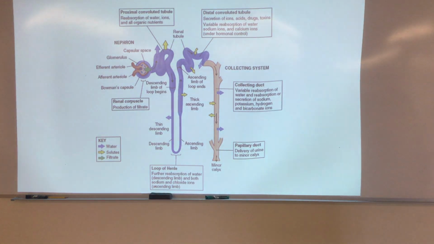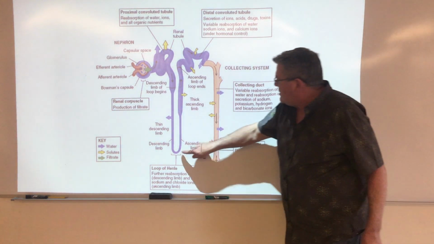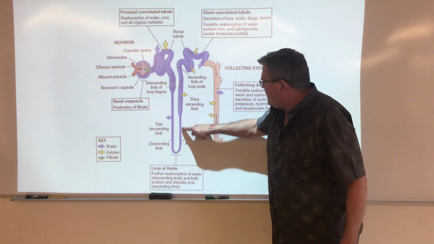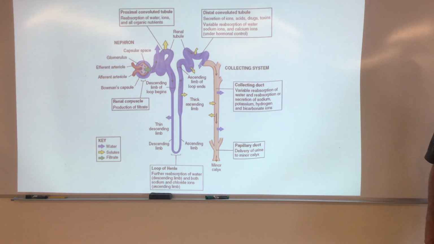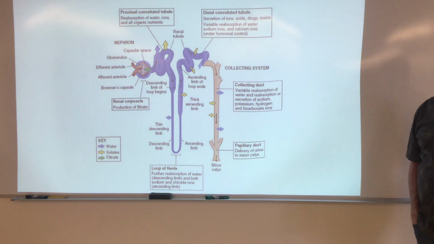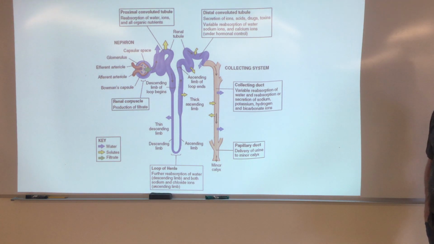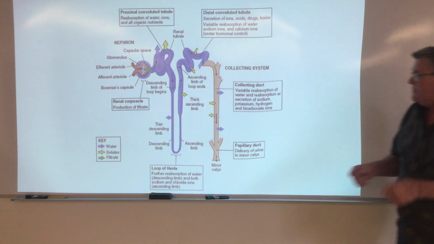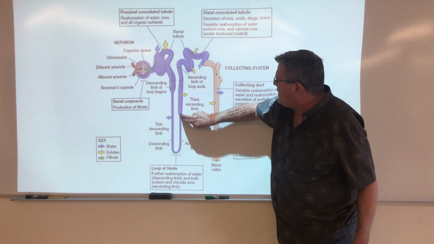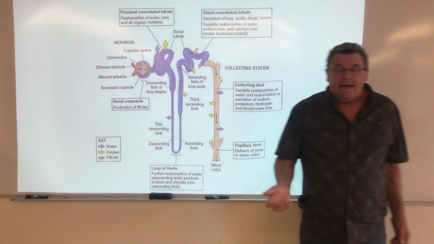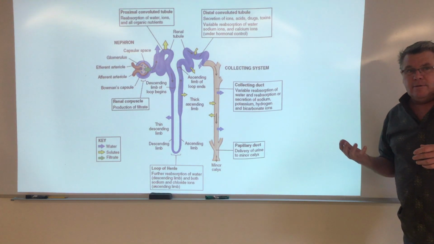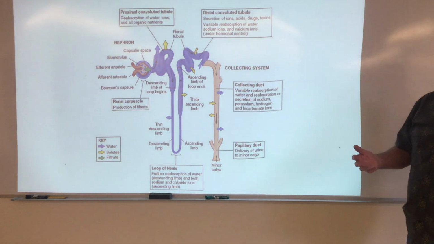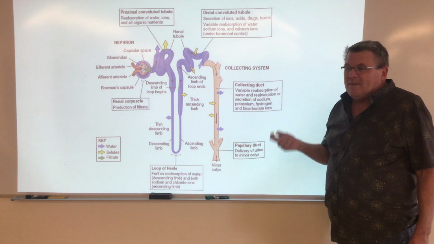Now we head up. And if you look, there's nothing going on down here. Essentially the water, it's impermeable as well. So water is no longer moving out, water is no longer moving in. And by the time we get up to this thick portion of the ascending limb, through active transport, I just got my active and my passive mixed up.